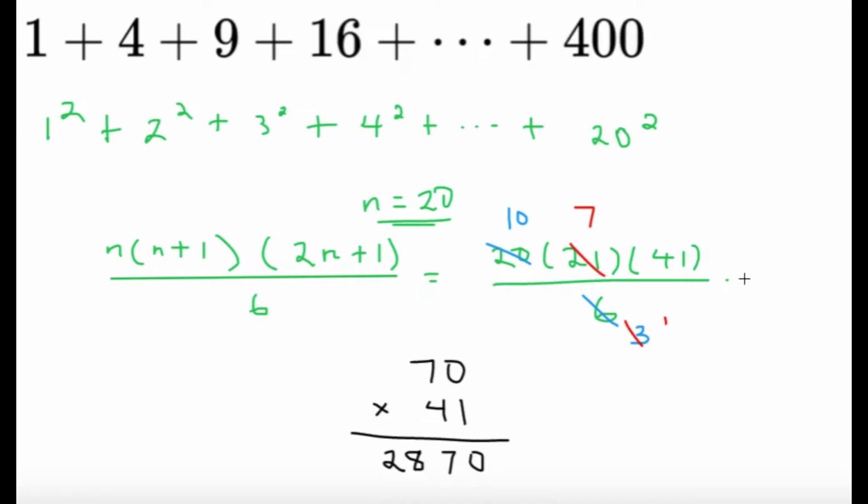Although it's kind of a big number, the sum of the first 20 squares is indeed 2,870. You can verify this on your own, but indeed the answer is 2,870.